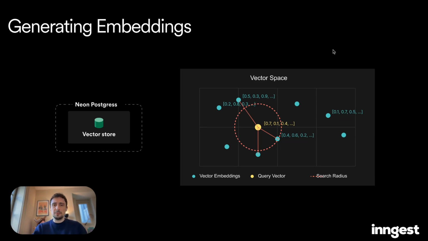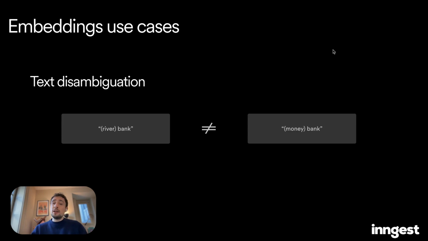So let's have a great example. For us, if I say "bank", depending on the context of the sentence, it's super easy for me to see if it's a river bank or a bank where there is money. If you do a strict string representation, it's going to be hard for an LLM to understand that.